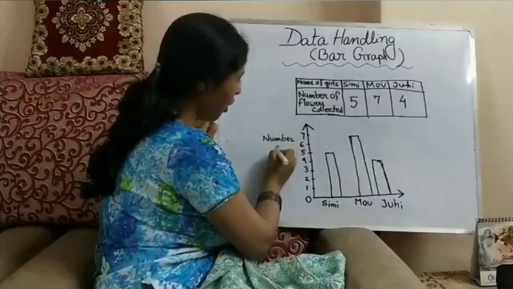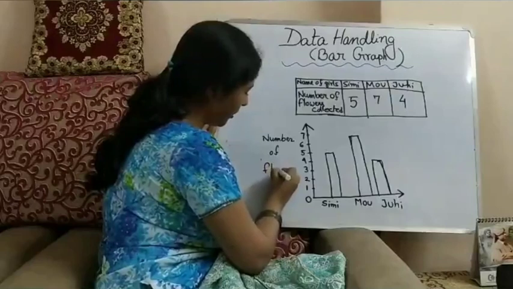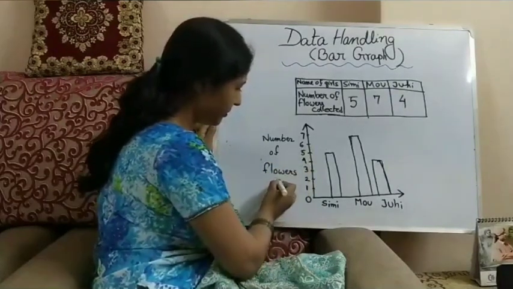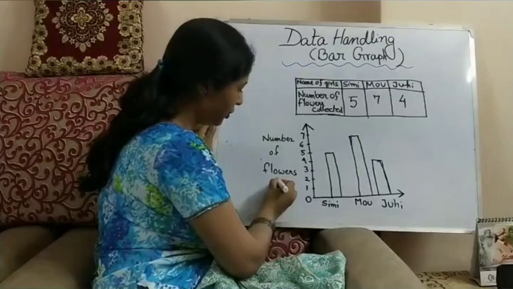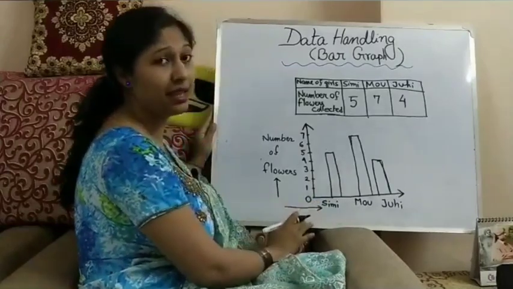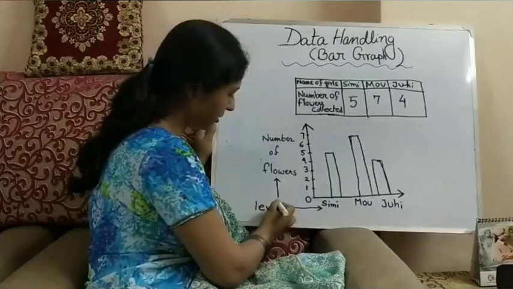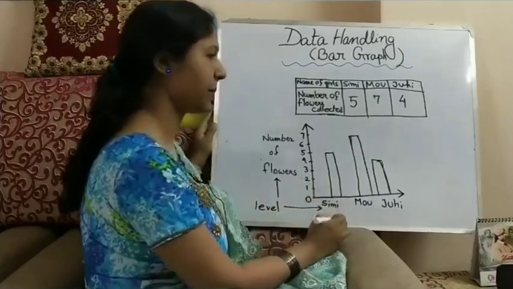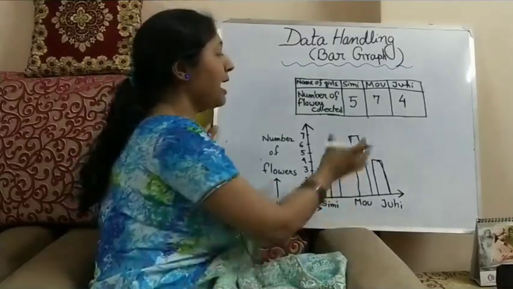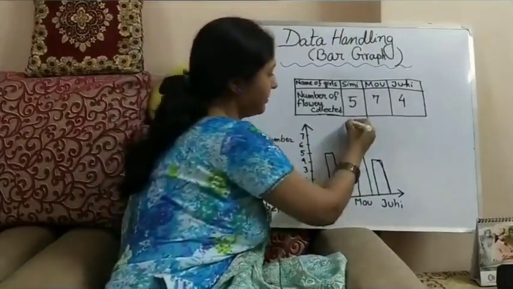And here we should write down number of flowers. So this and this are, we can say, labels. Okay, and in the title we should mention flowers collected.